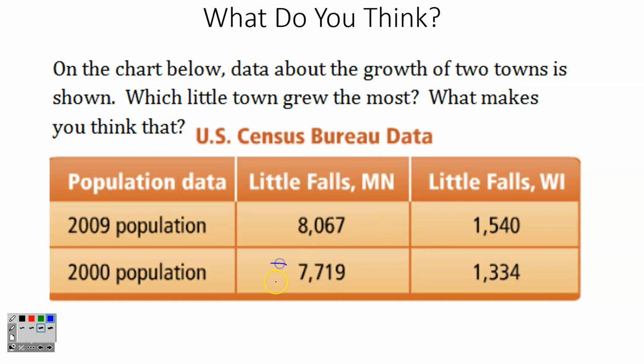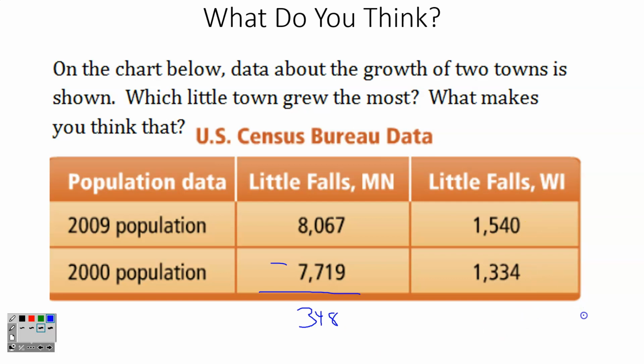Well, a lot of times people will just say that I can just subtract those numbers. 8067. I'm having a hard time with my calculator. 8067 minus 7719 is 348. So this town went up by 348 people.